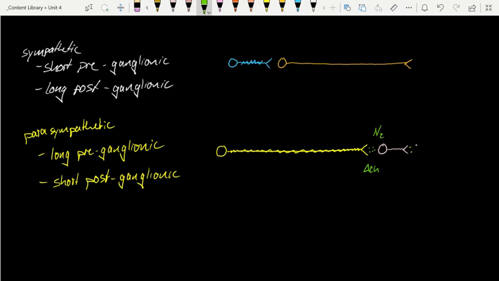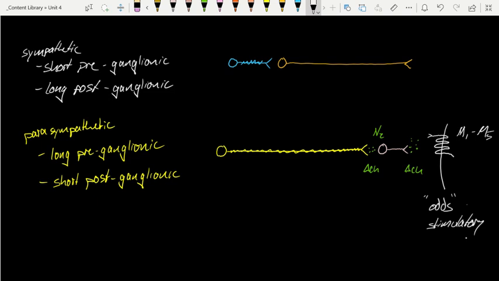From the postganglionic, it's also acetylcholine, acting on target tissue containing G protein coupled receptors. These are muscarinics, M1 through M5. So it could be M2, M3, M4. There are 5 different types. The odds are stimulatory, the evens are inhibitory, typically, just like we see in the sympathetics.